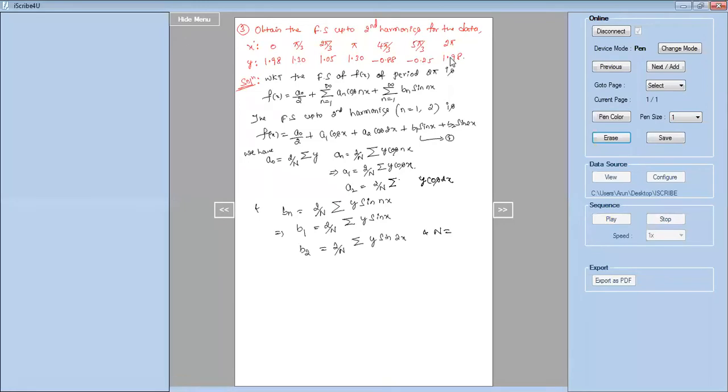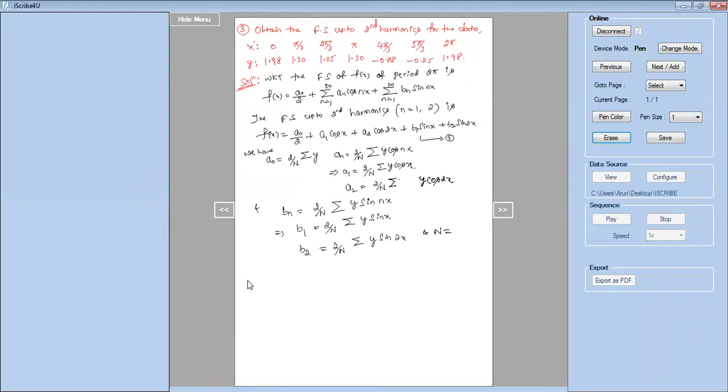So in such cases, we need to consider any one value. Either I take the first value 0 and 1.98, or I take the last value 2 pi and 1.98, but not both. If I take both, the same point will be added once again. So you have to take only the distinct point. You have to take either the first value or the last value when both 0 and 2 pi are given.